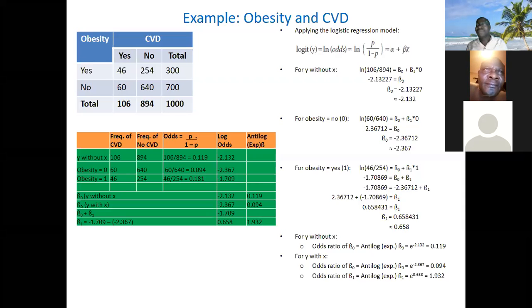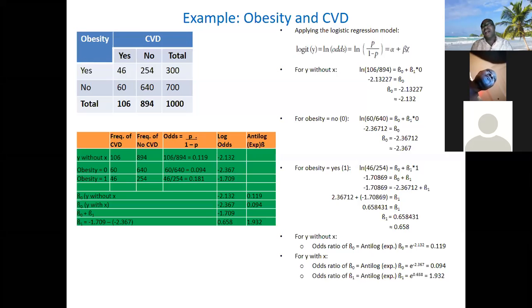So when you do that, the equation is what you now see here. If you remember, in the normal linear model, in linear regression, the equation is y = alpha + beta x. This alpha can also be written as beta 0, it doesn't matter.